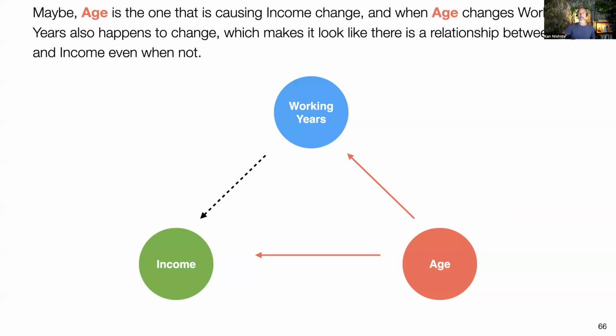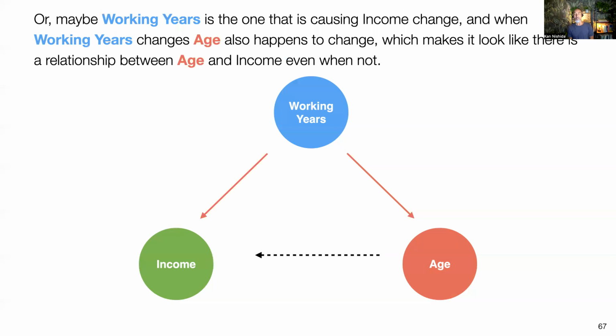That means older people tend to have longer working years, and therefore also higher income. If you focus on the result between working years and income, it looks like shark attacks and ice cream: both have some kind of relationship. Well, maybe though, it's not the age. Actually, working years is what matters, not the age.